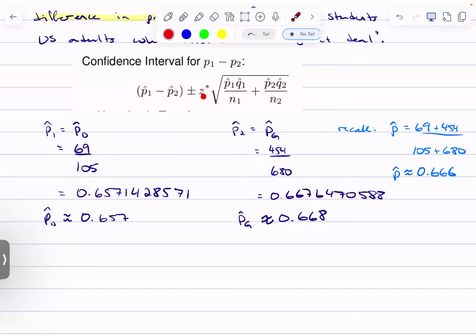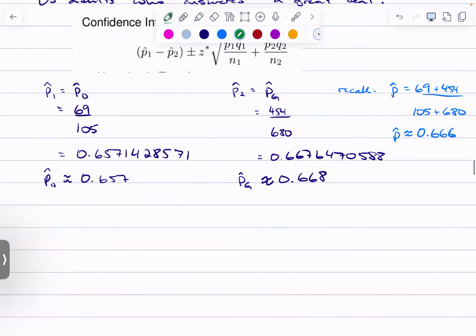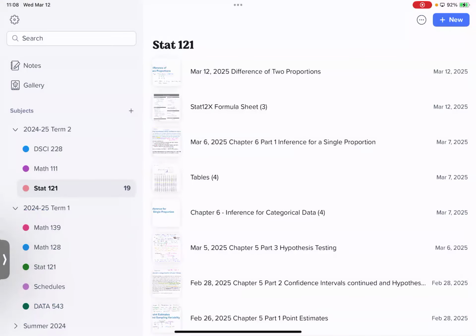We need z-star for a 90% confidence interval. Remember how we get there? We're going to use that new table, the t table.